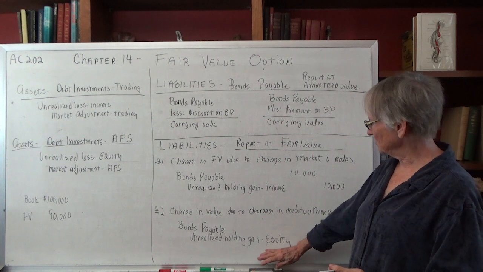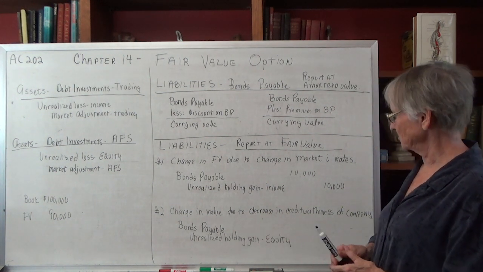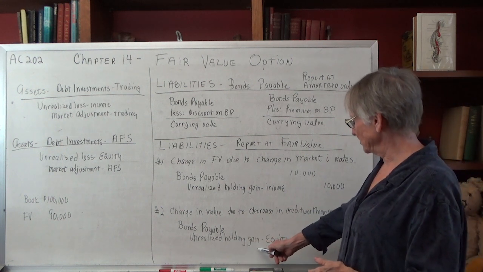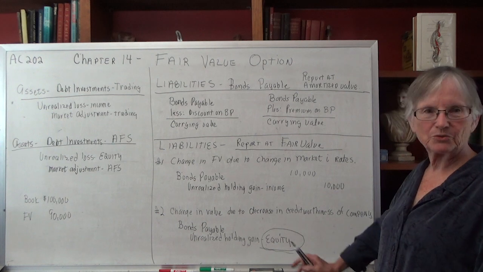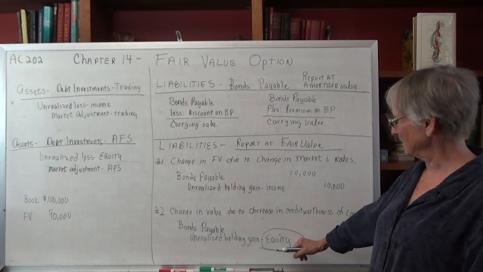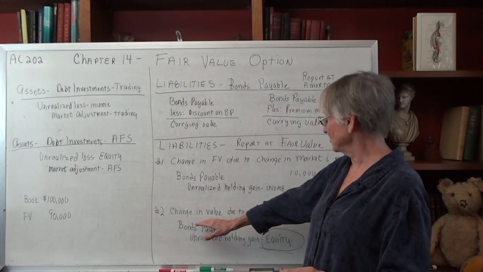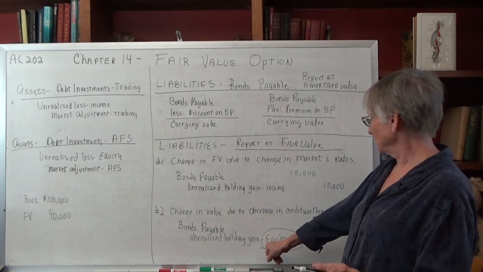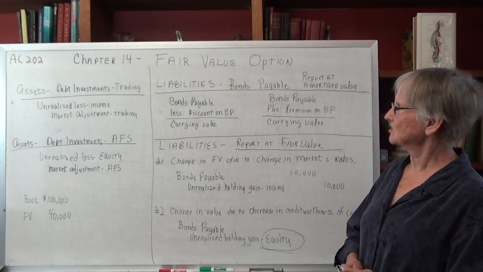Now this used to be reported on the income statement, and FASB, for obvious reasons, decided that in this situation we're going to treat it as equity. It will bypass the income statement and get reported in the stockholders' equity section. Because otherwise the company could be going down the tubes and we'd be reporting unrealized gains. That wouldn't make any sense.